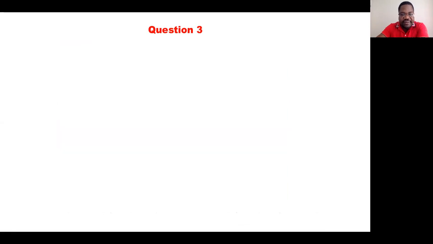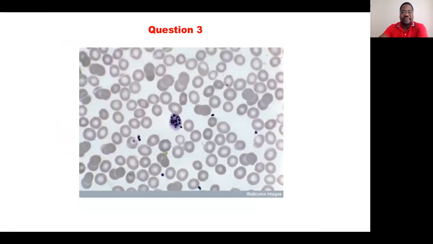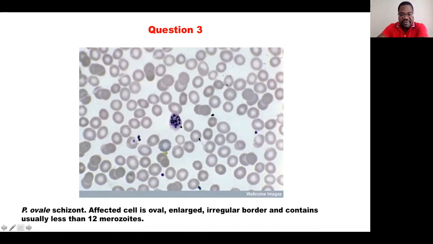Let's look at this one. Okay, so what do you see here? You can see that this is the infected cell, and these infected cells, its shape and the size is different from the uninfected. You can see it's different.